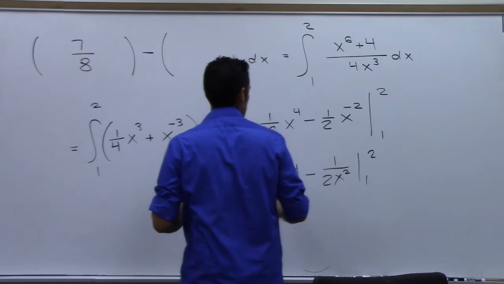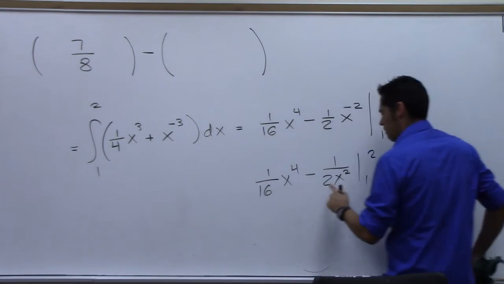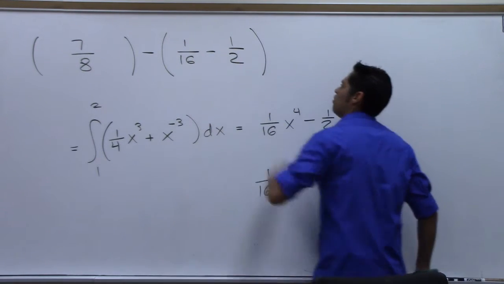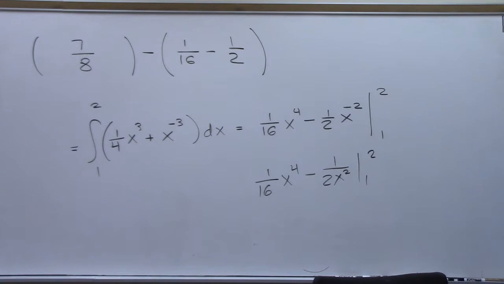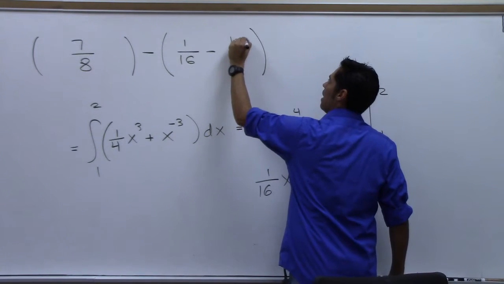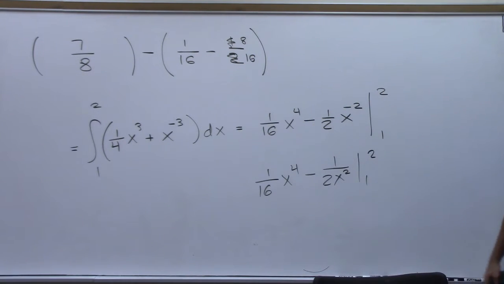Minus, now plug in 1. 1/16 minus a half. What is 1/16 minus a half? This right here turns into 8/16, right? So you subtract and you get what, 7/16?